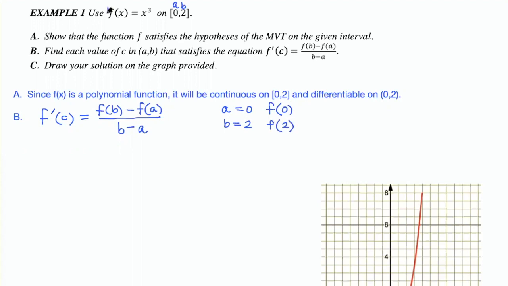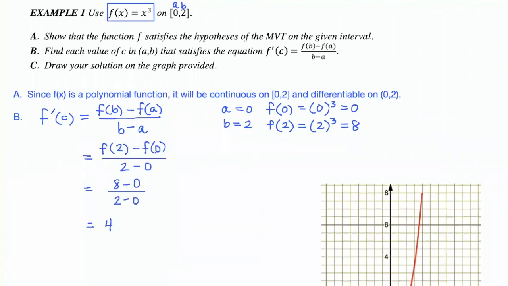That's easy enough to do because I've got the original equation, so I'm just going to substitute in there to get my values. Now I have all the values I need to substitute in the right-hand side of the mean value theorem. As you can see, I've substituted my A and B values, then substituted the f of A, f of B values, reduced it, and I get a value of 4.